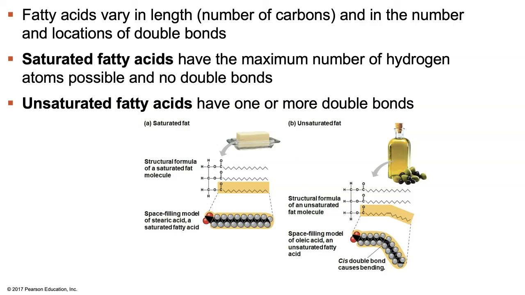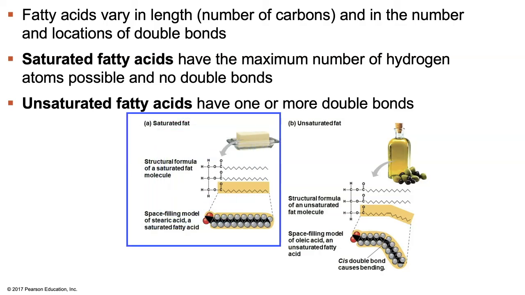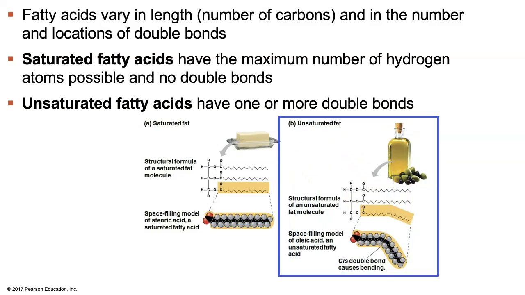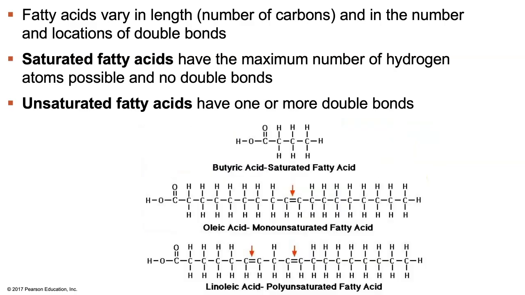I'm sure you've heard of the term saturated and unsaturated fats, and now you'll learn what that means. When the hydrocarbon chain, the fatty acid chain, has no double bonds, this fatty acid is called saturated. When that fatty acid chain has double bonds, it's called unsaturated. That's simple.